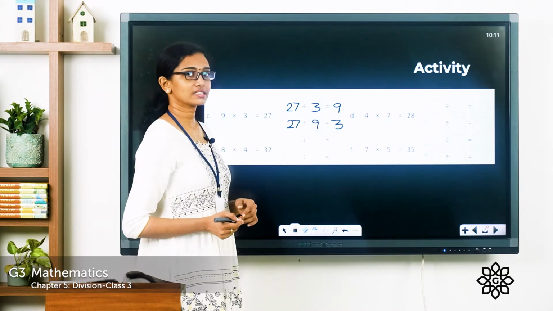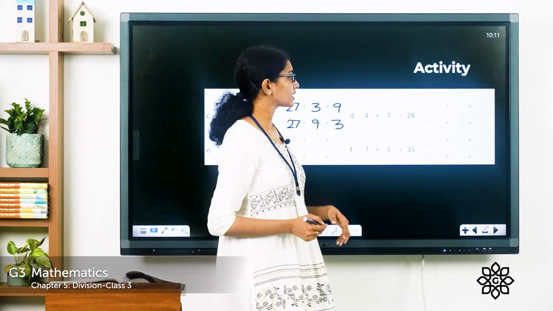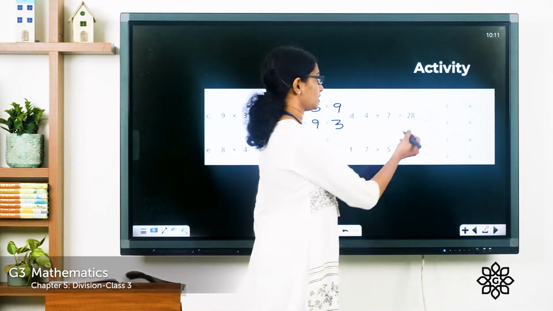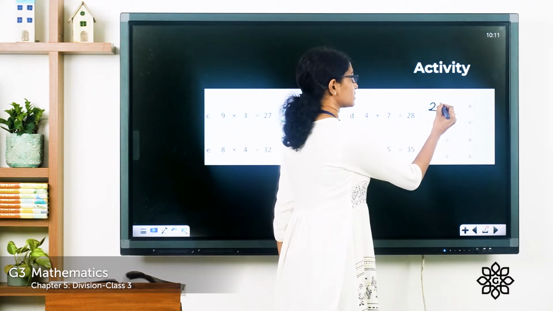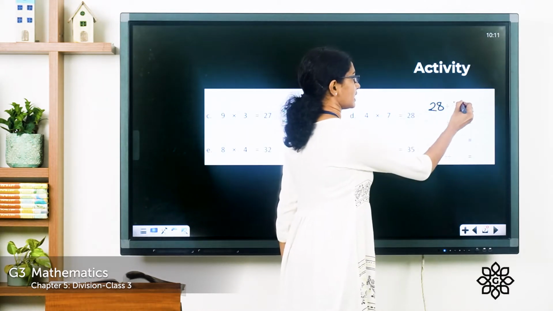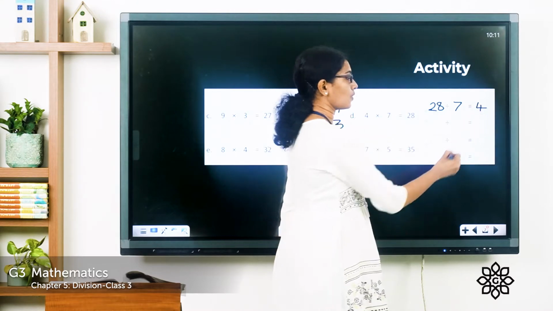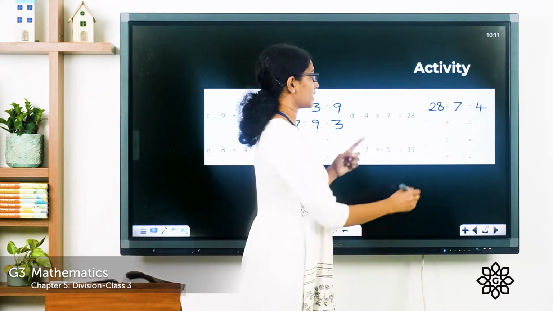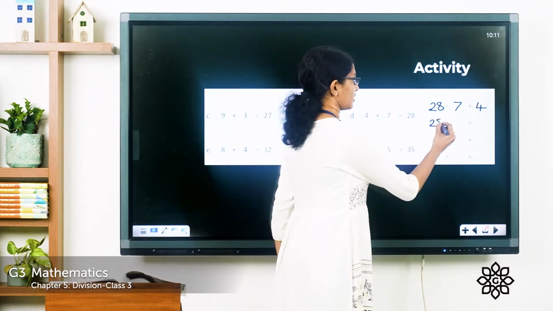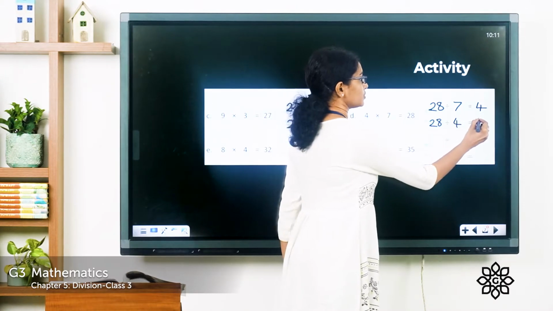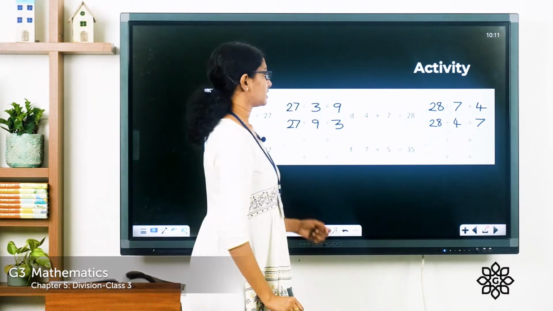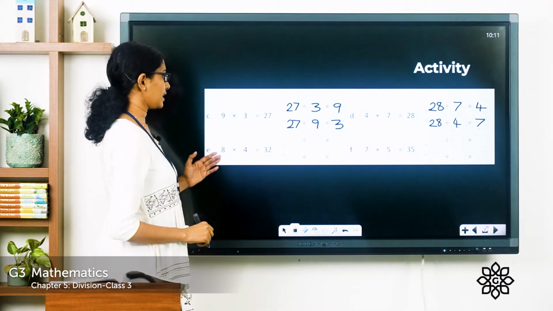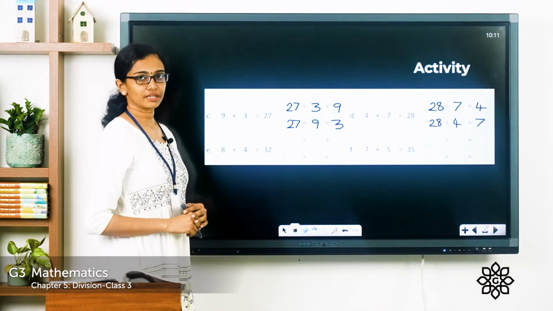Now let's move on to question D: 4 into 7 is equal to 28. So the division facts are 28 divided by 7 is equal to 4, and 28 divided by 4 is equal to 7. Now, question E: 8 into 4 is equal to 32.